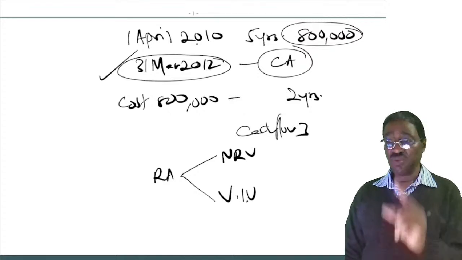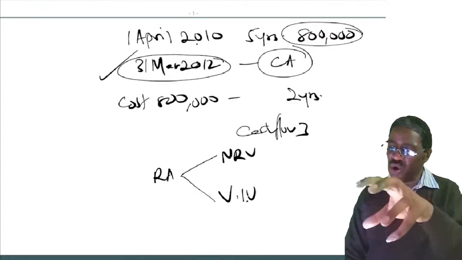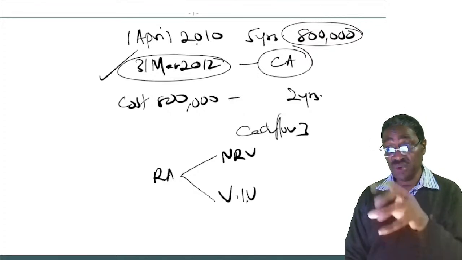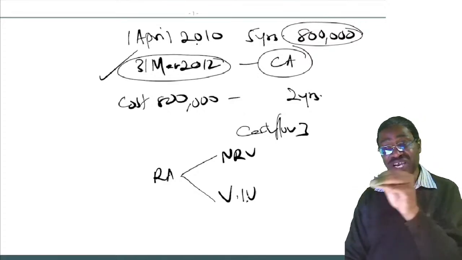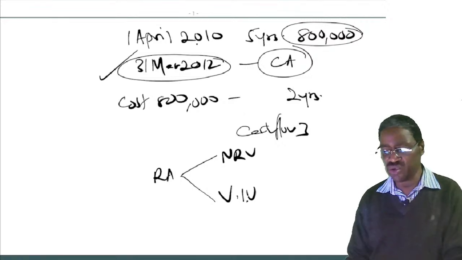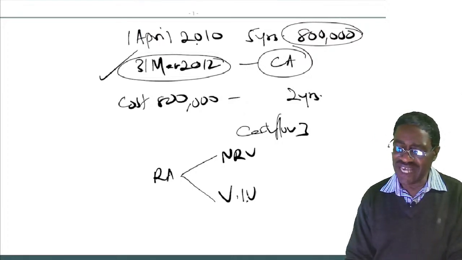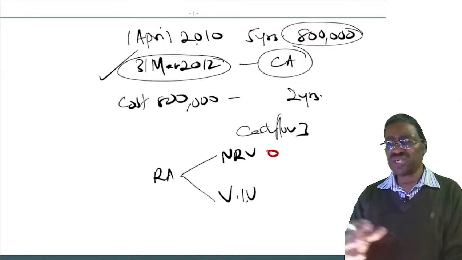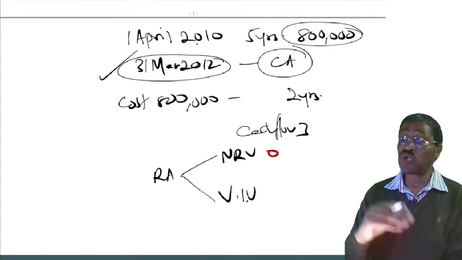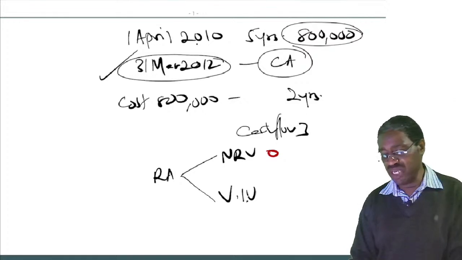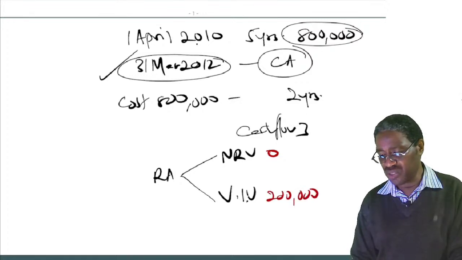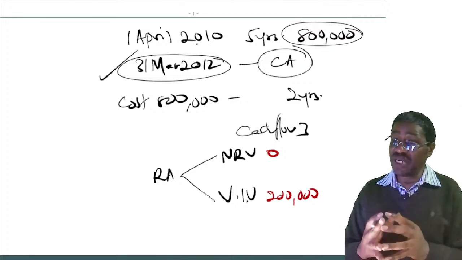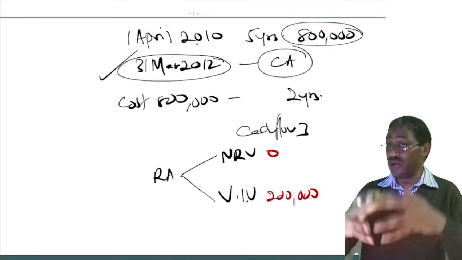We are told in the question that there is nowhere we can get somebody to buy this machine. So automatically, the net realizable value is 0. Then we shall use those future cash flows to compute the value in use. Maybe it will be 200,000. Whichever of the two is what we shall pick to become the recoverable amount. I hope you are now getting the concept.